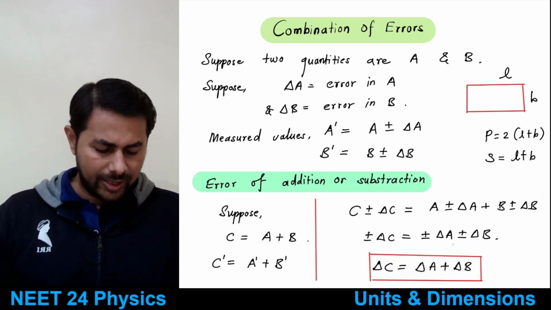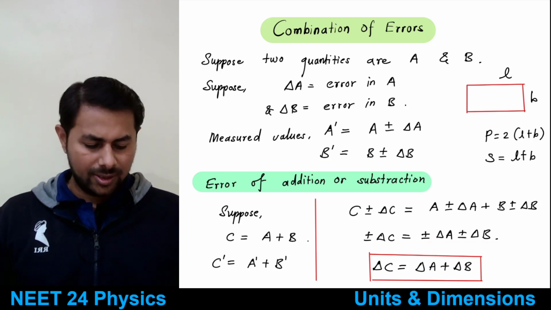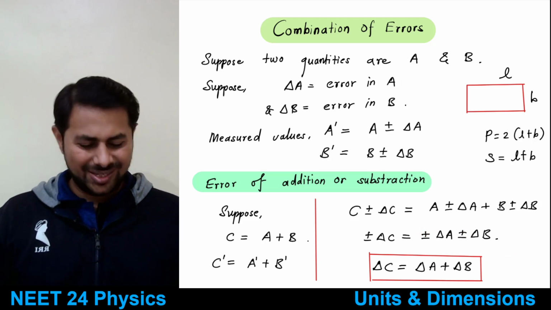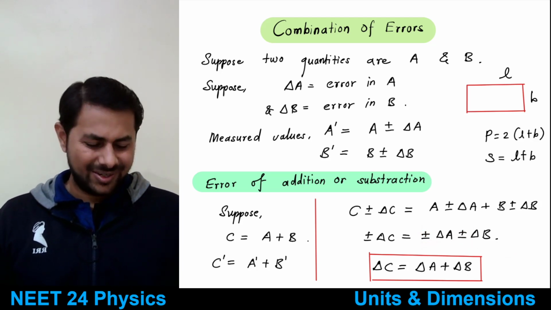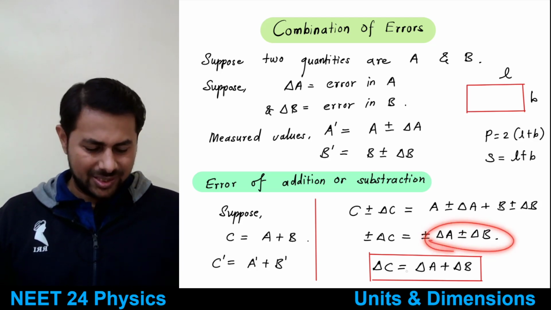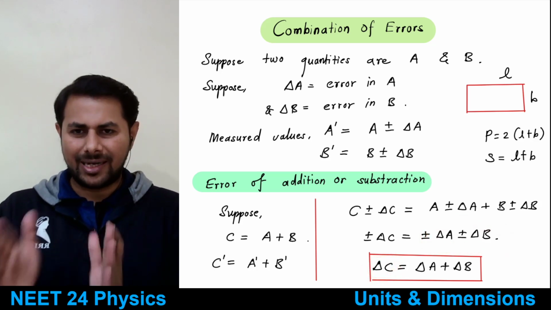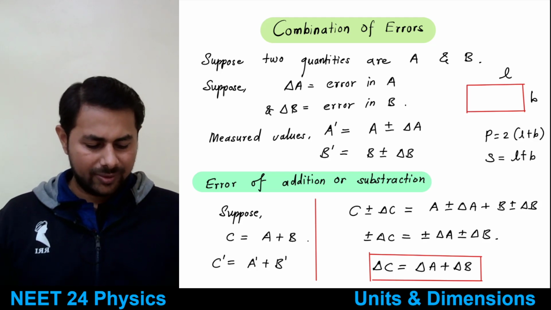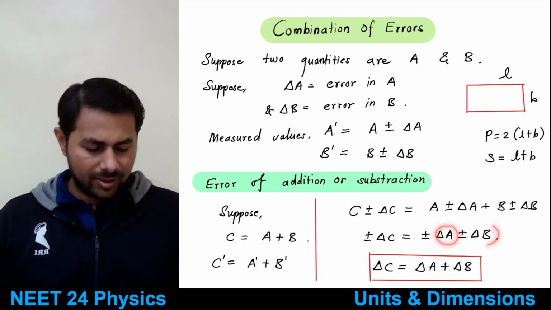So now there are various possibilities here. You can take plus sign, plus minus sign, minus plus sign, minus sign, right? But now we want to find out what is the maximum possible error in the resultant, and that's why we just add up the errors.